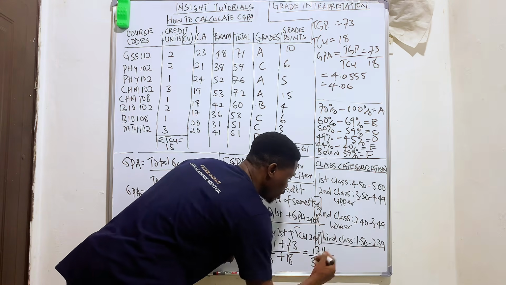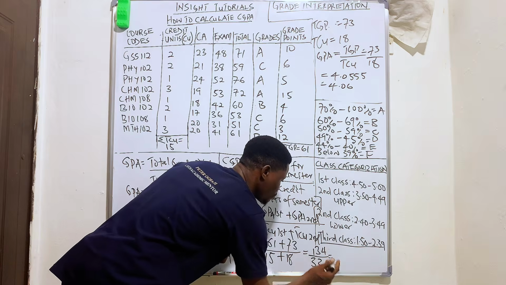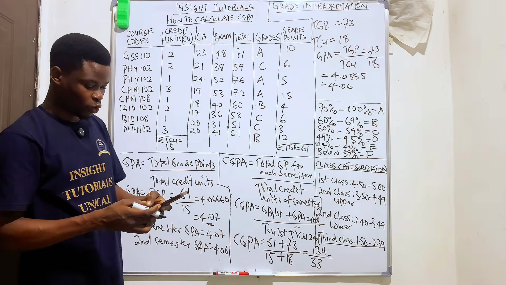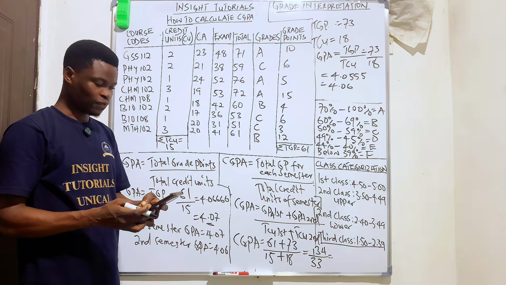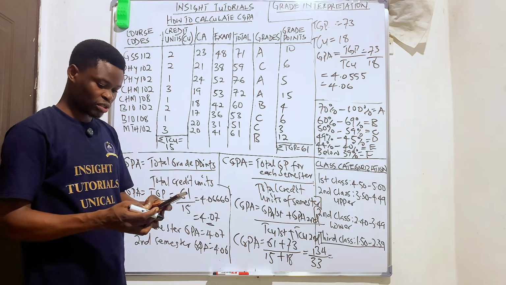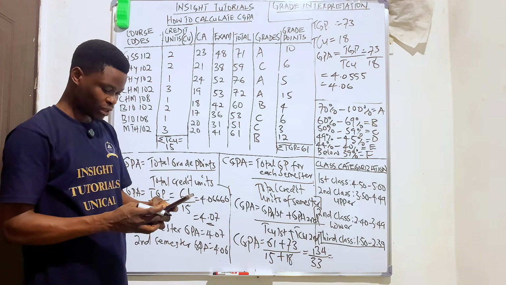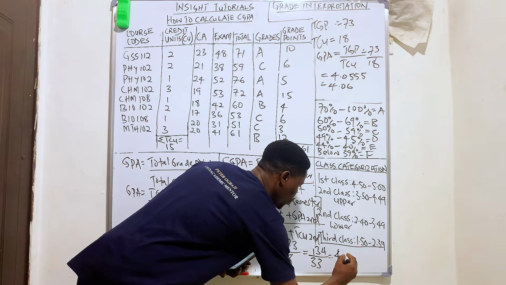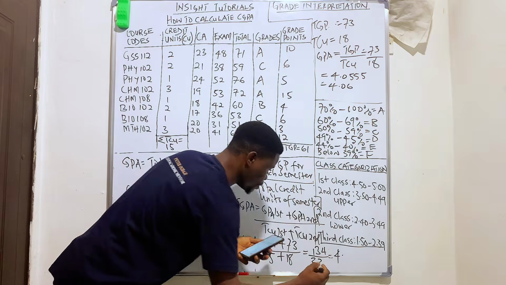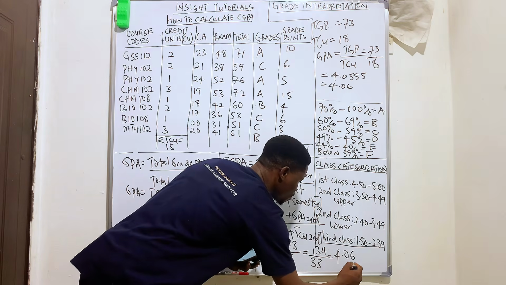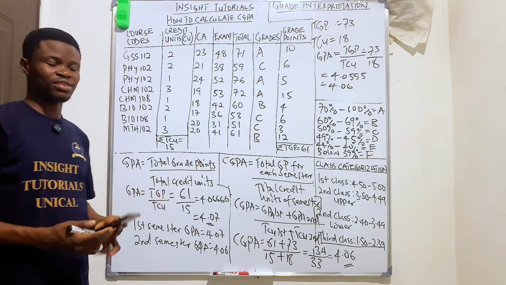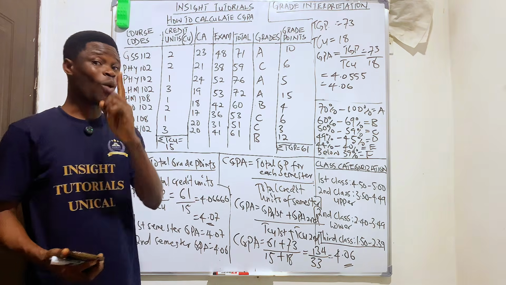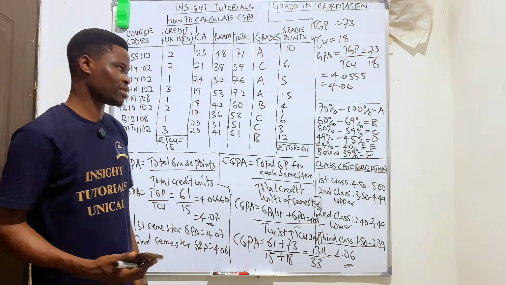For those 33 credit units, the student gathered 134 points. So we're going to do 134 divided by the total credit unit of 33. So this student's CGPA for this level is 4.06. Now, this is a student's cumulative grade point average for one level, which is 2 semesters.